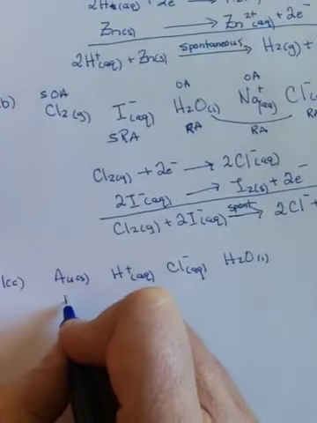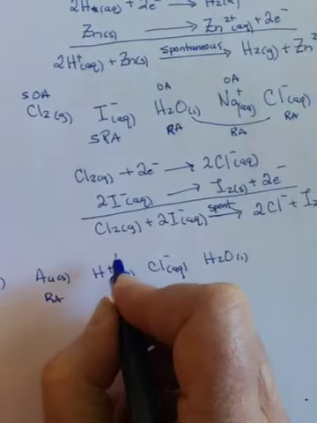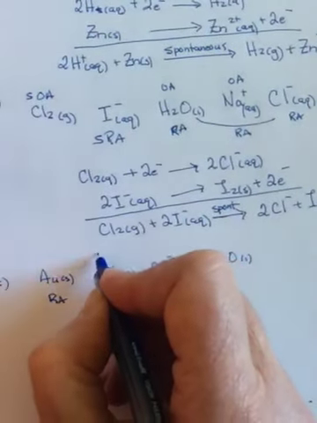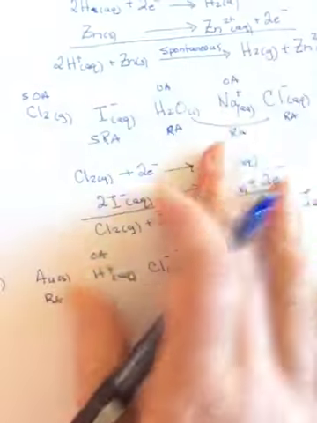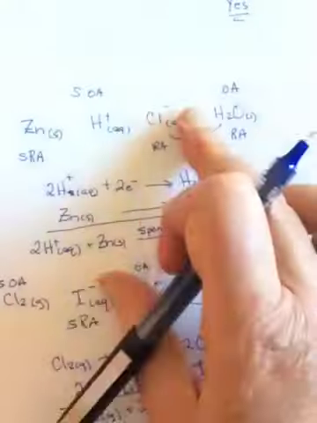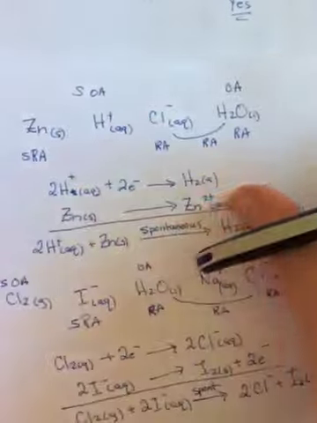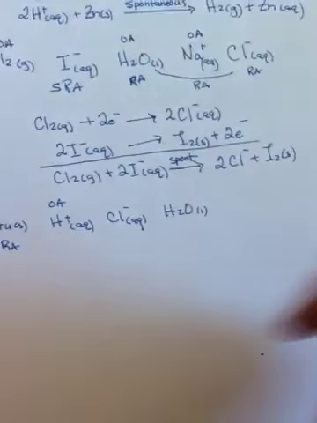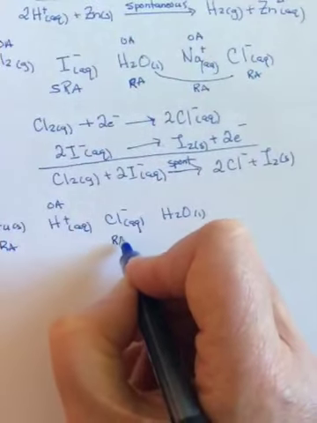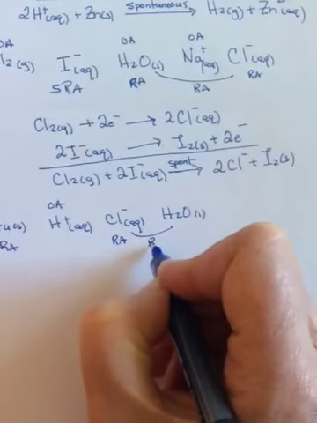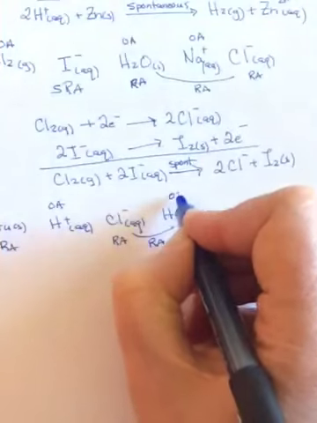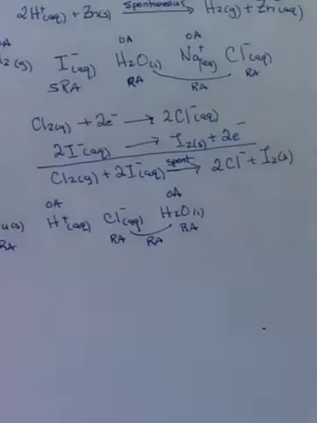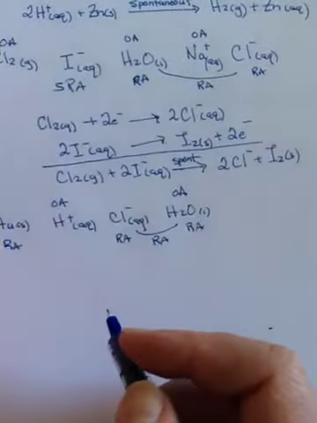It is an RA. H+ we've done several times. It's an OA. We know our Cl- is an RA, and we know it's an RA linked with water. We know water by itself is an RA and an OA. So we have all our different things.